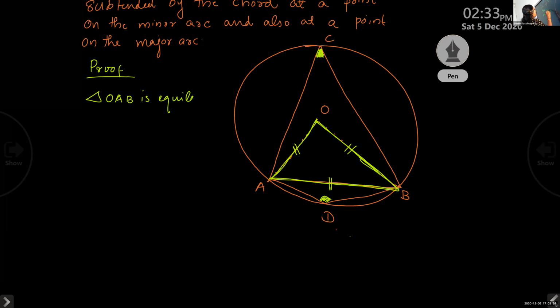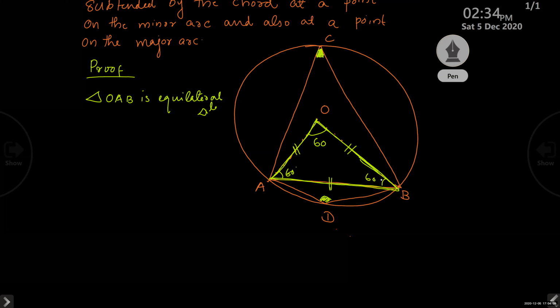In an equilateral triangle, all angles are 60 degrees. Angle C is half of it, 30.